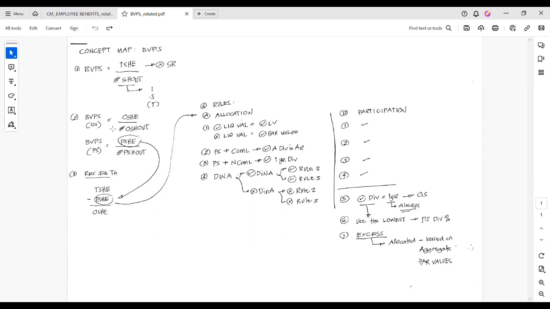So to get the book value per ordinary share, we need the ordinary stockholders' equity divided by the number of ordinary shares outstanding. Then we have book value per preference share: the preference stockholders' equity divided by the number of preference shares outstanding.